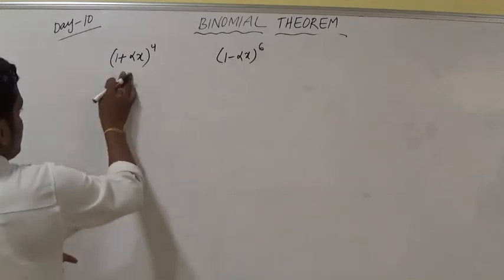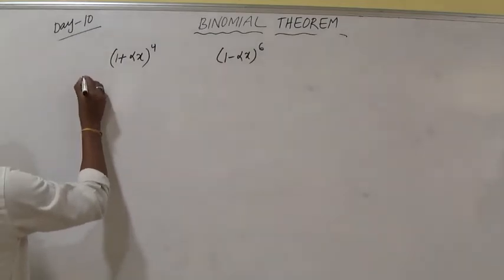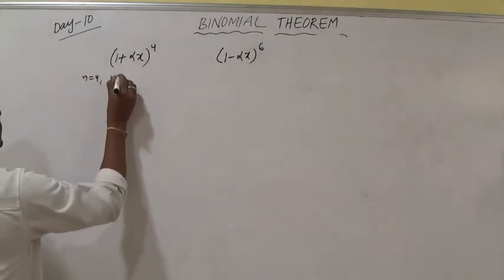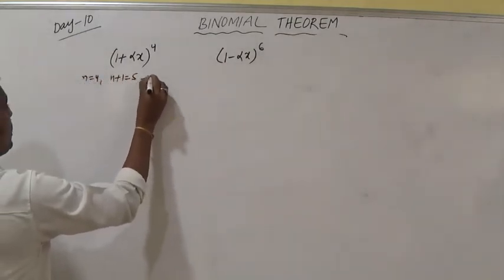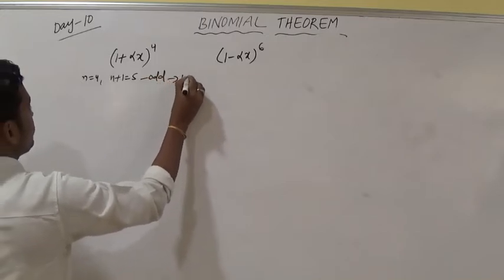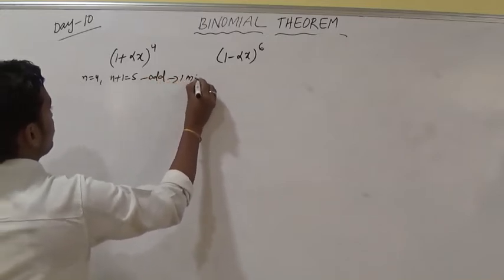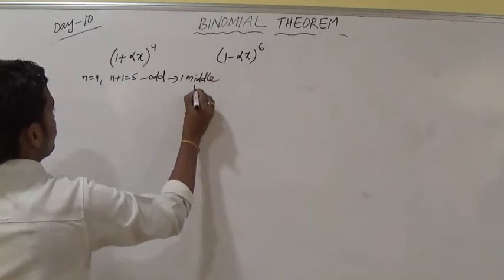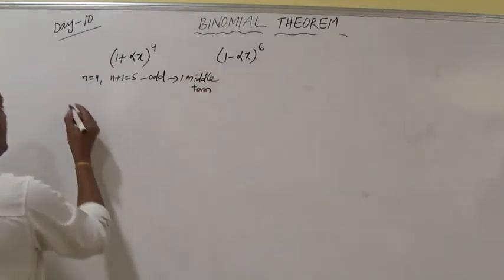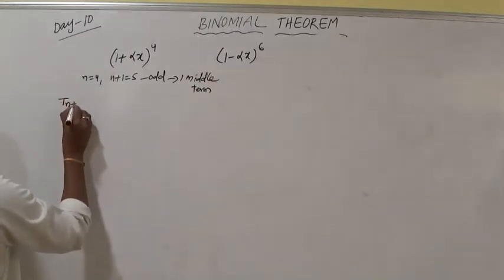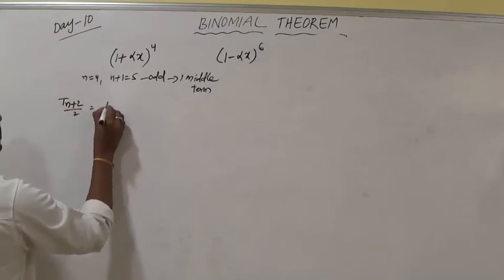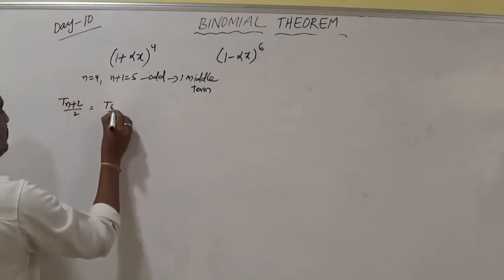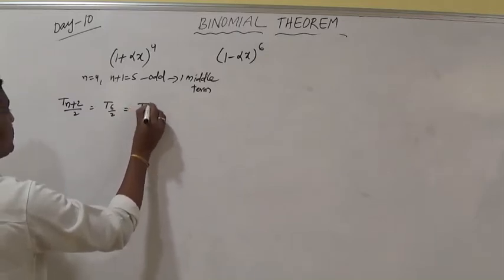Now first this one, n is equal to 4, n plus 1 is equal to 5, odd, so 1 middle term. So T of (n plus 2) by 2 is equal to T of (4 plus 2) by 2, 6 by 2, that is equal to T3.